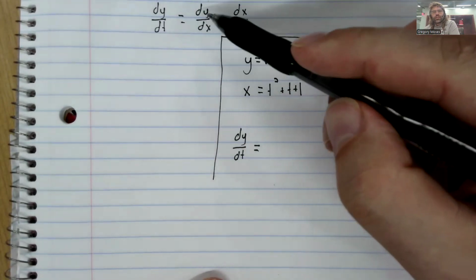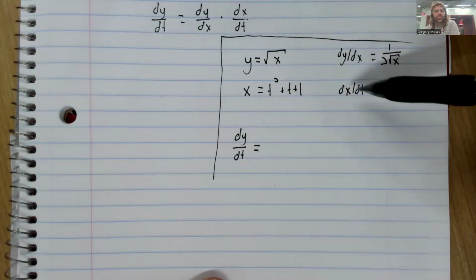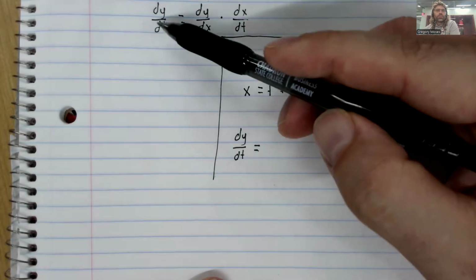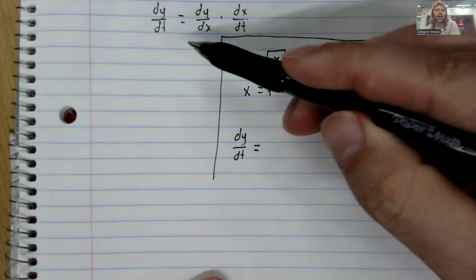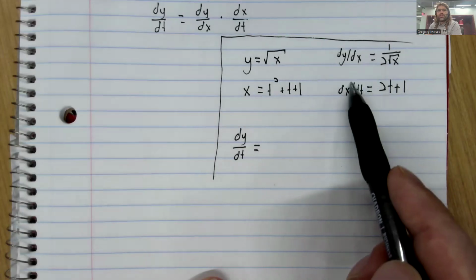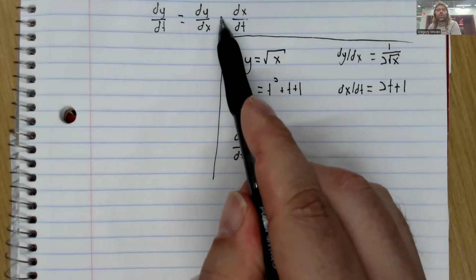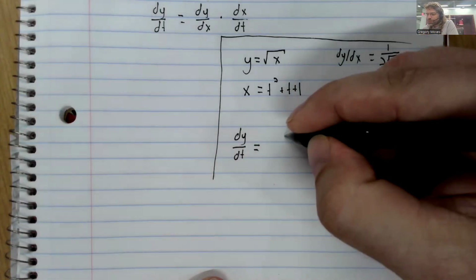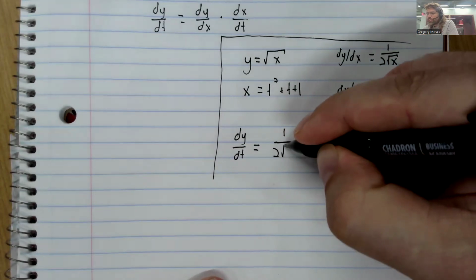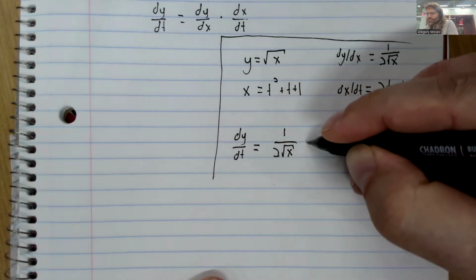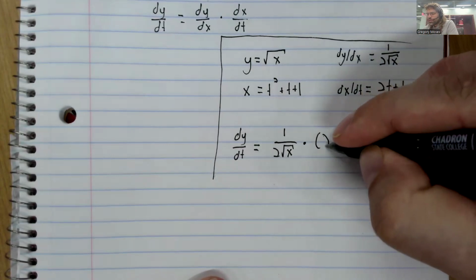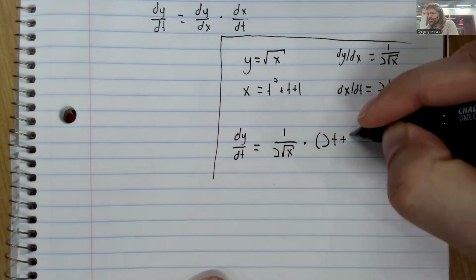And this version of the chain rule says, neither of these derivatives are the derivative I want, but to find the derivative I want, I can just take these two derivatives and multiply them together. 1 over 2 the square root of x times 2t plus 1.